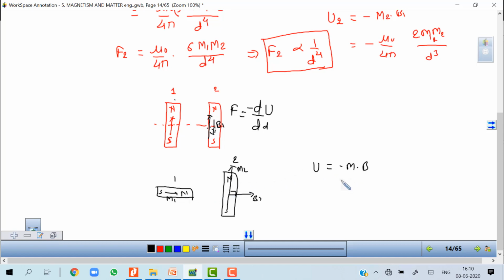And torque is acting here. Torque is equal to m2 cross b1. Okay, so torque is not equal to 0. So we can handle the situation like this.